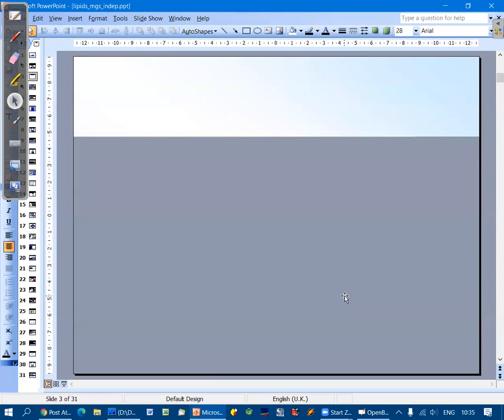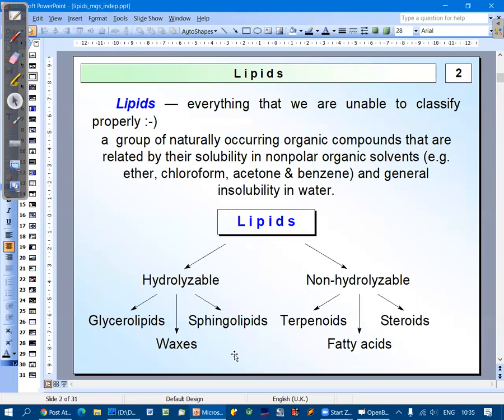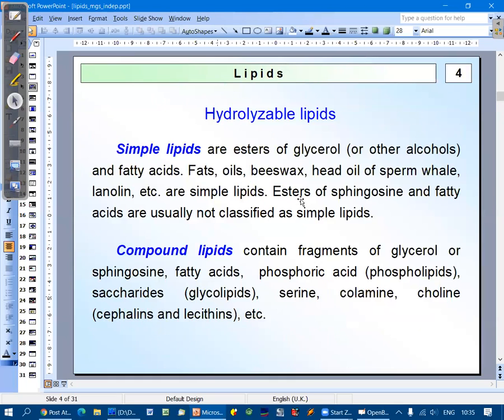And hydrolyzable lipids can be classified as simple lipids and compound lipids. Simple lipids are waxes and fats and oils. Well, probably wax is the simplest variant of hydrolyzable lipid.